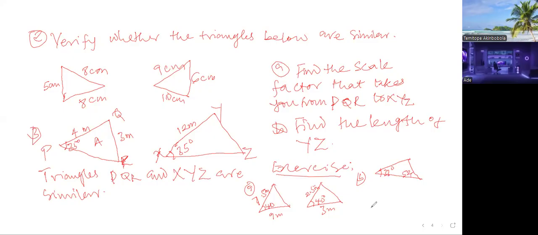Then the other triangle, this angle here is 95. This angle here is 33. Are they similar or not? You have less than 2 minutes.